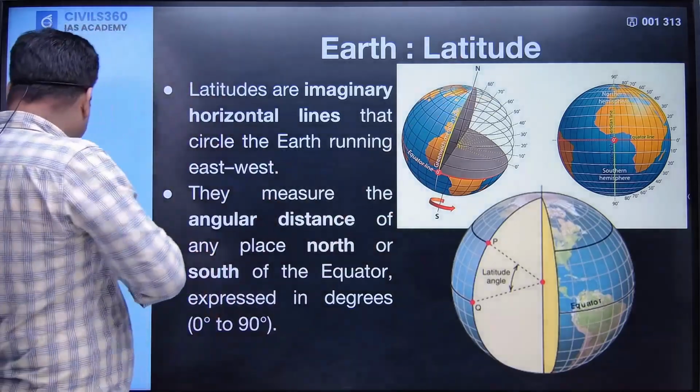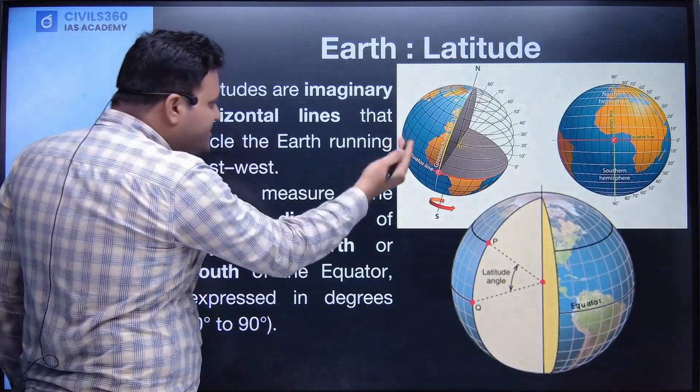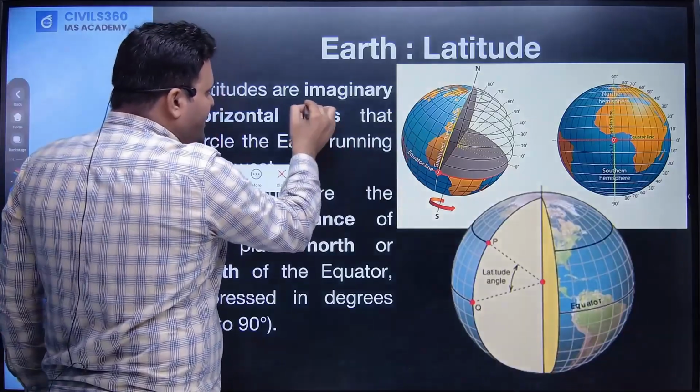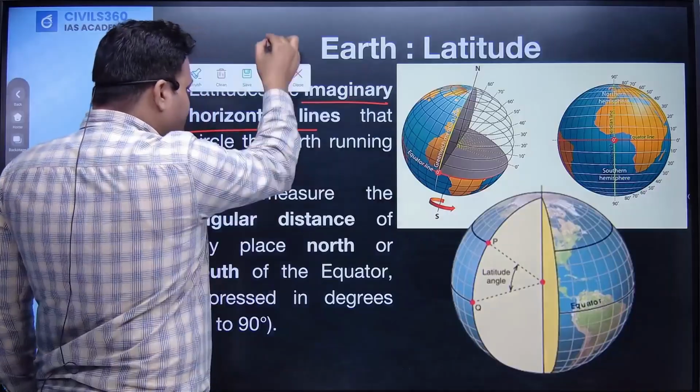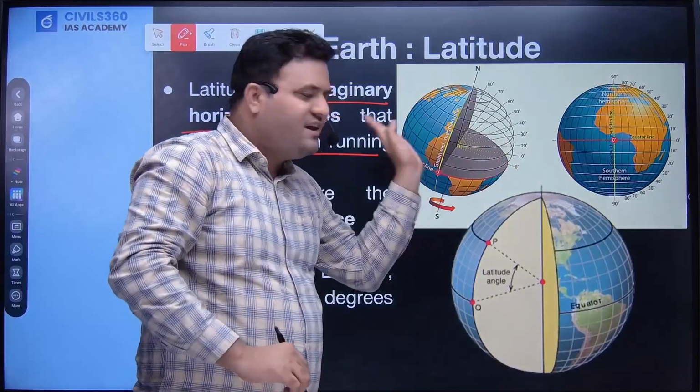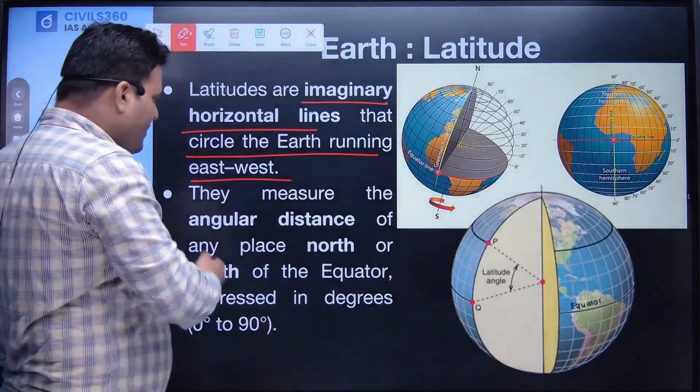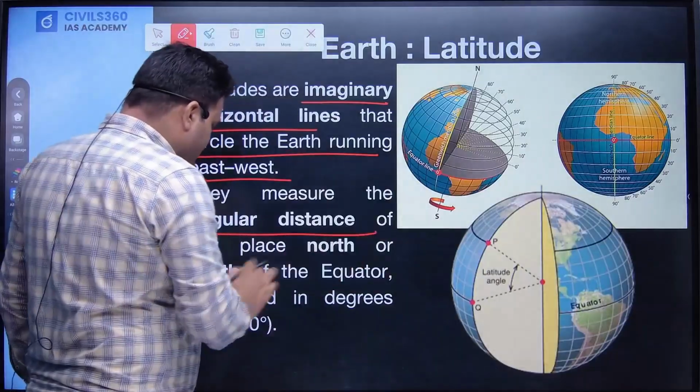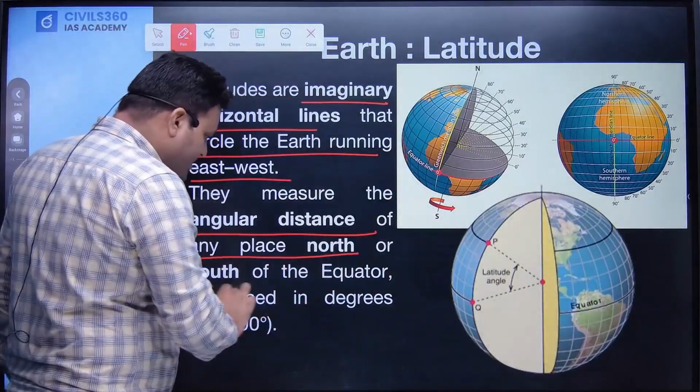These latitudes are basically imaginary horizontal lines. They are the imaginary horizontal lines that circle the Earth while running east to west. They measure the angular distance of any place north or south of the equator.